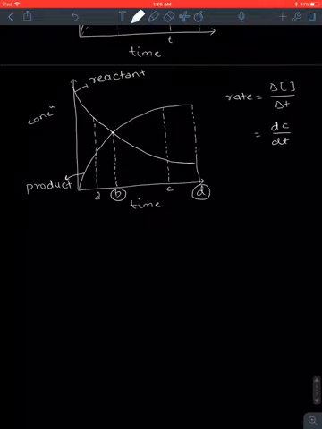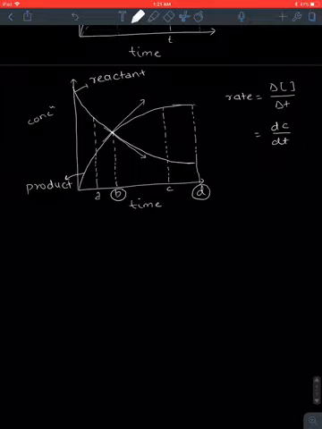At this point B, the concentration of reactant and concentration of product is equal. If I want to find rate, we have to draw a tangent at this point, and we can observe that the tangent at this point will have different slope, and if the slope of the tangent is different, it means they are having different rate of reaction.